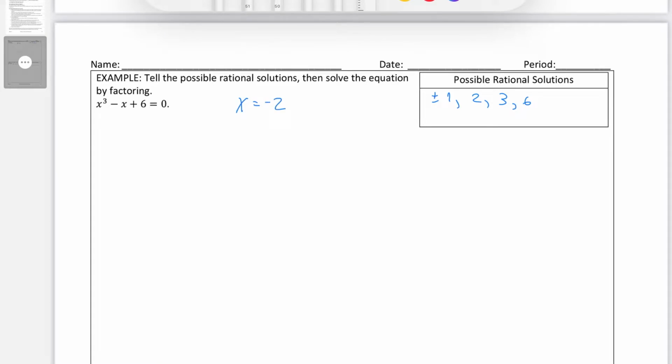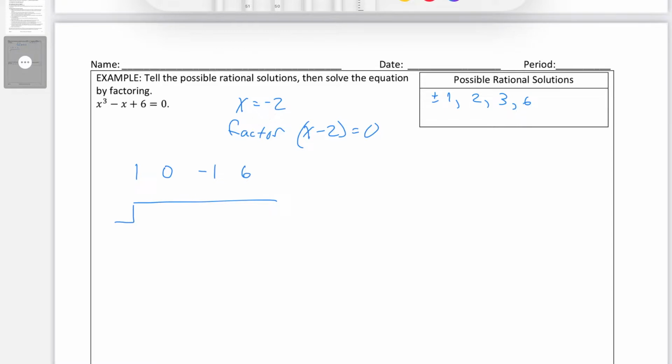Now, one of the things that you should recognize is that indicates that there's a factor x plus 2 equals 0. Now, let's do a synthetic division, and we have 1x cubed, 0x squared, minus 1x's, and a plus 6.